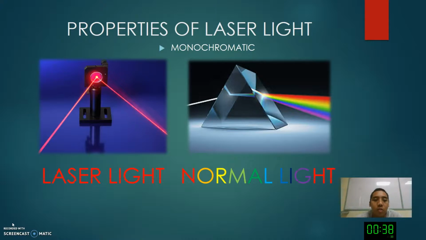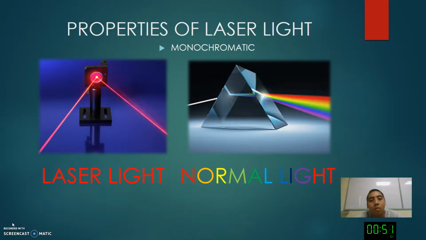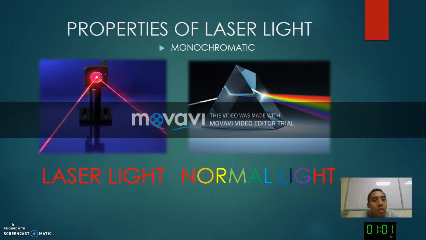Below we can see two pictures of light. On the left is a basic laser light. On the right is a normal light passing through a prism. Monochromatic comes from two root words: mono means single or one, while chroma means color in Greek, so it means one color.